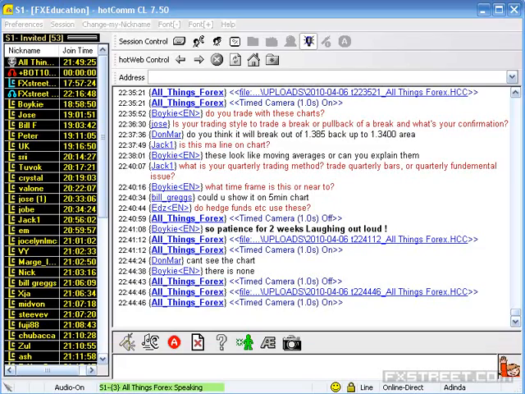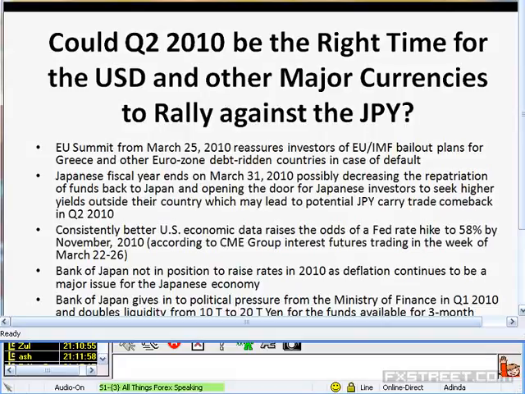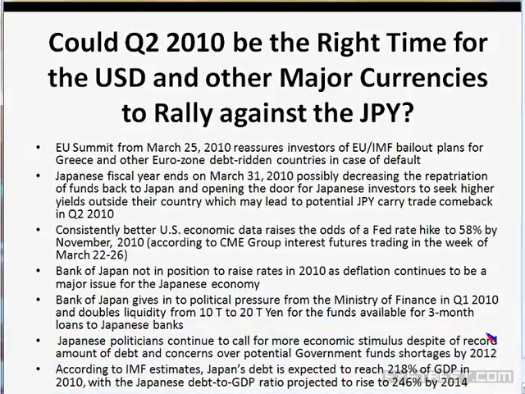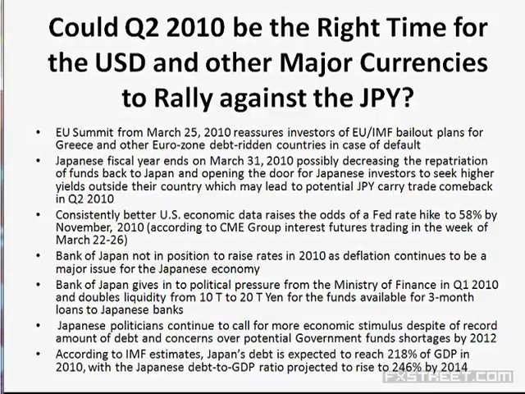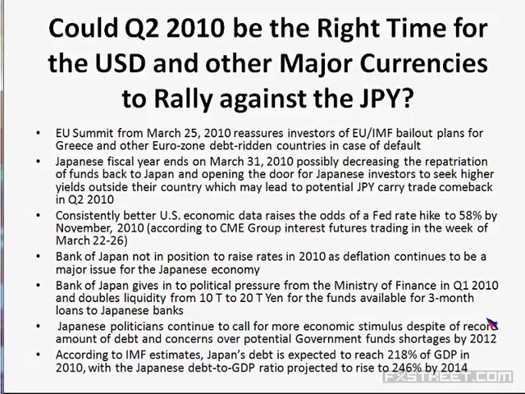Bank of Japan is currently experiencing a lot of political pressure from the Ministry of Finance, and as of late, the latest news, actually as of yesterday, showed that last week about 100 policymakers in Japan have formed a coalition to push the Bank of Japan to become even more aggressive and more proactive to fight deflation.